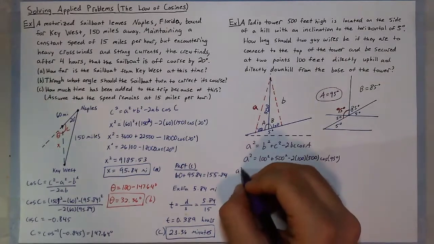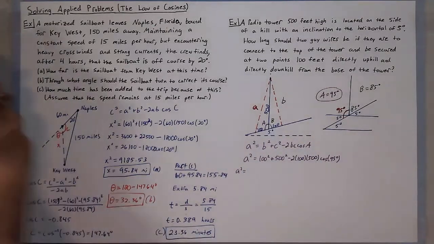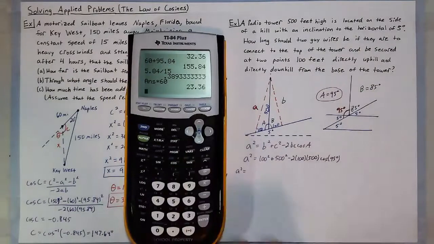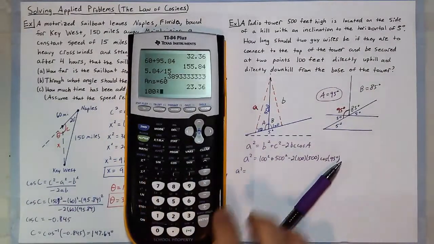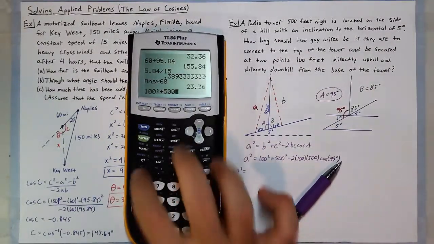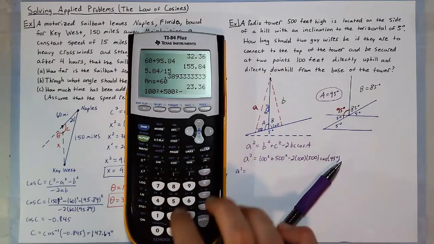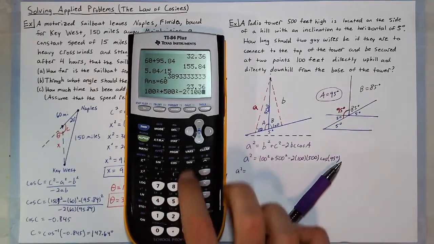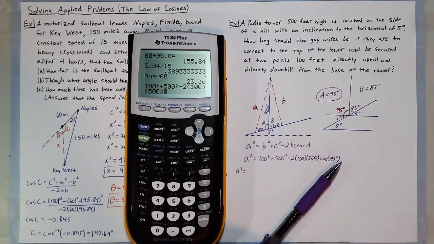So A squared would be equal to, I'm going to type all that in, 100 squared plus 500 squared minus 2 times 100 times 500 times the cosine of 95 degrees.